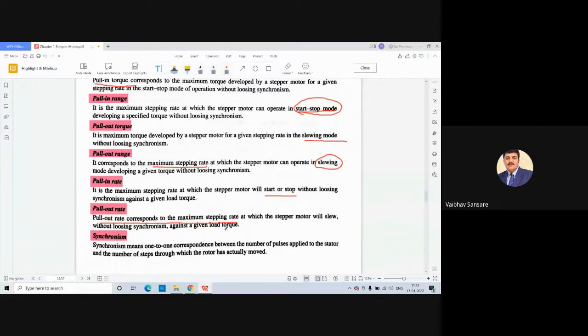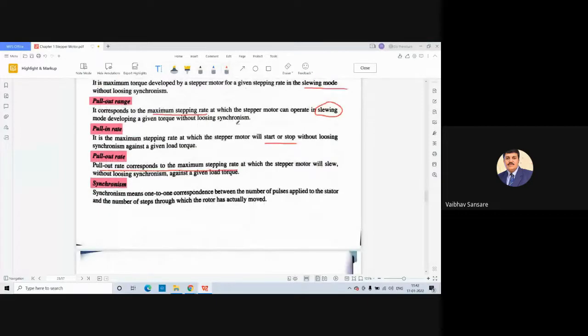Now the next important terminology is synchronism. In previous terminologies, you have heard synchronism. So what is synchronism for a stepper motor? Synchronism means a one-to-one correspondence between the number of pulses applied to the stator and the number of steps through which the rotor has actually moved.